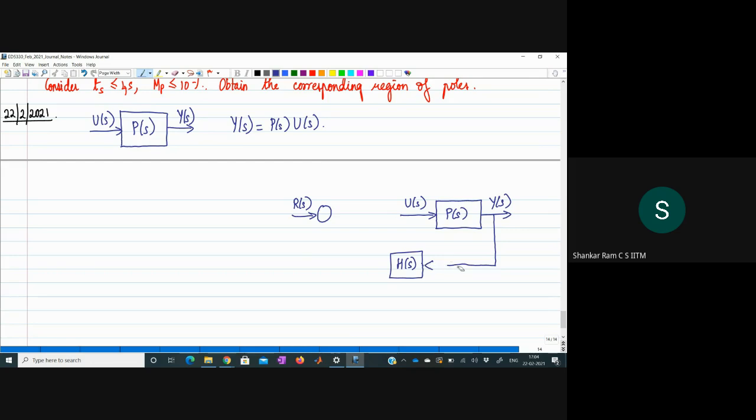For example, if we are measuring acceleration and we want to regulate speed, we may need to integrate the acceleration signal.